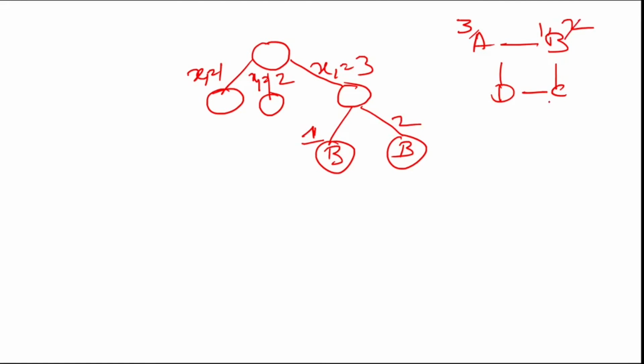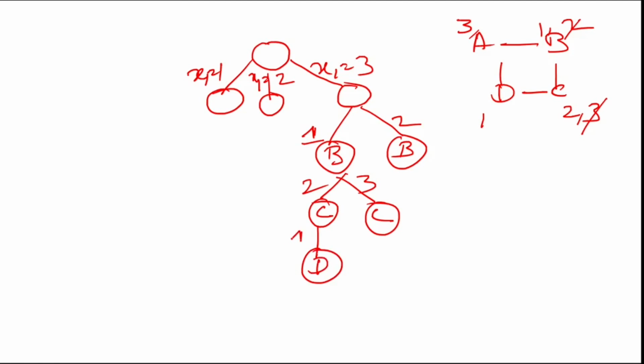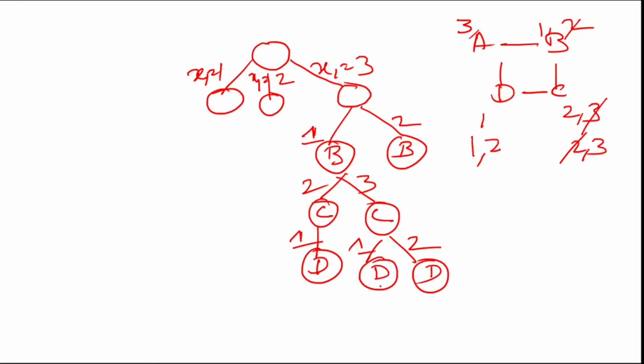If I choose only 1, I will be having 2 or 3. If I choose only 2, then I will be having 1. Then instead of 2, I can have 1 and 2. Now this is done, okay?